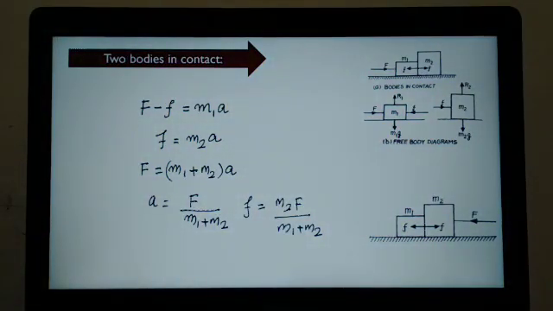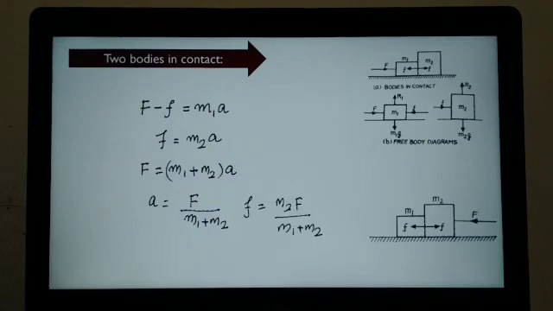See, we have two masses m1 and m2 placed in contact on a smooth horizontal surface. Let a force F be applied on m1 as shown in the figure, that is, a force F acting on m1 in the right horizontal direction.